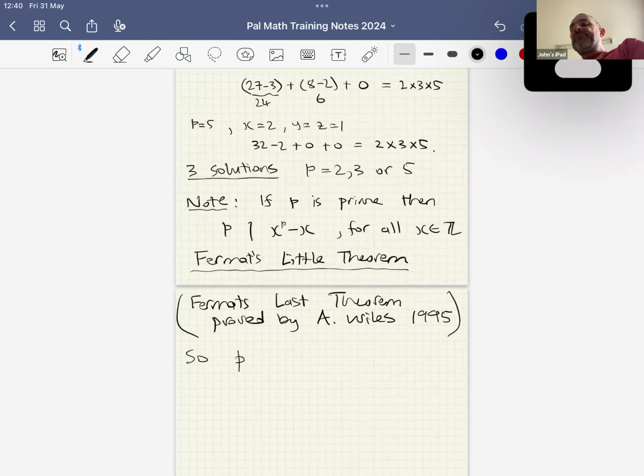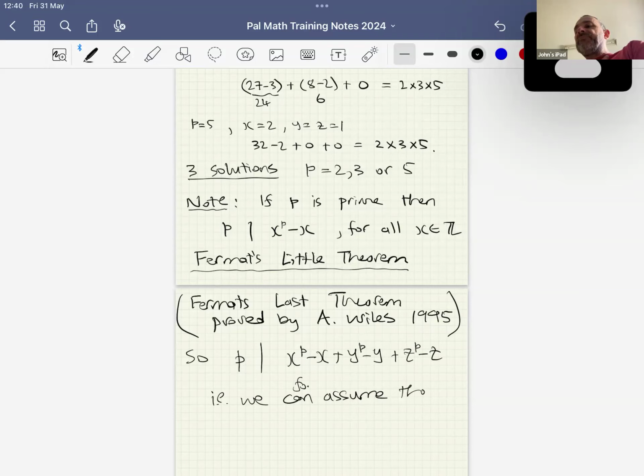But the upshot of that is that p divides x to the p minus x plus y to the p minus y plus z to the p minus z for all x, y, z. So in other words, we can assume that one of the 3 primes on the right-hand side is p.